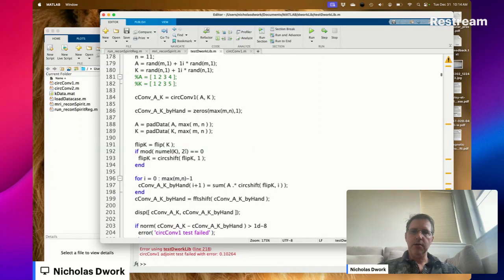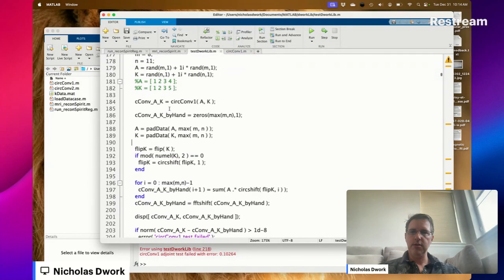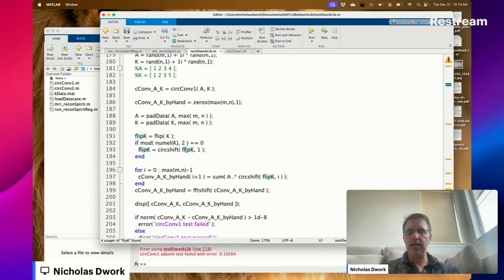The reason the origin is important with circular convolution or convolution in general is that it's with the flip. The flip flips about the origin. The location at the origin does not move.